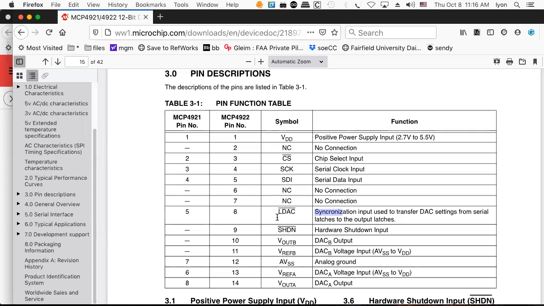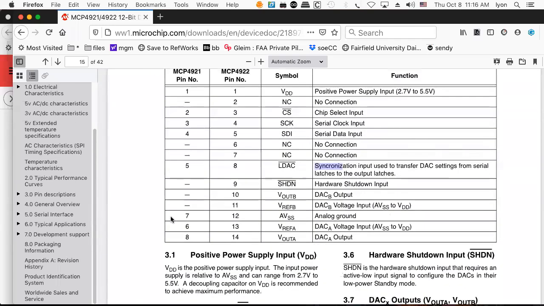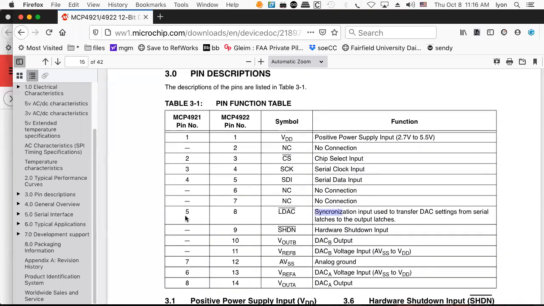And so first thing you do is you shift the data in, then you assert the LDAC low, and that gives you the ability to output to your serial device. I've glossed over those details basically in the driver, because it doesn't really add anything to the lecture, and it's one of those things where you got to read the manual pretty carefully in order to get these things to work properly. And then of course the pin changes if you change device.